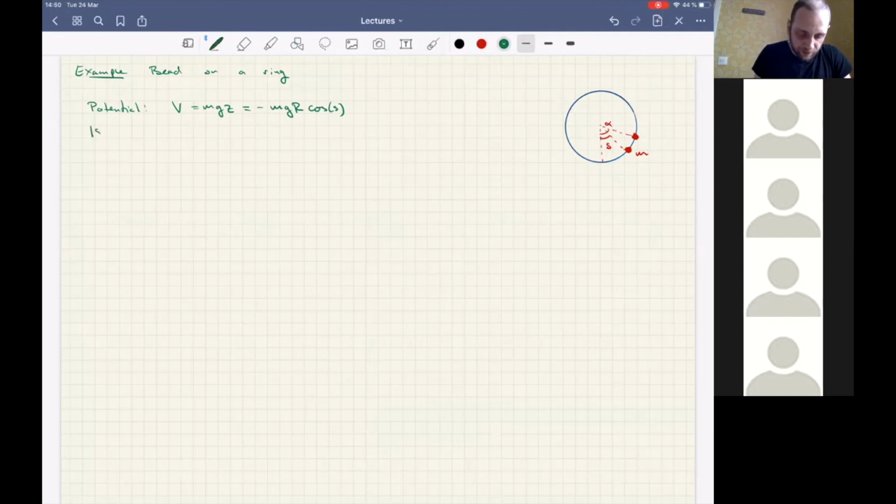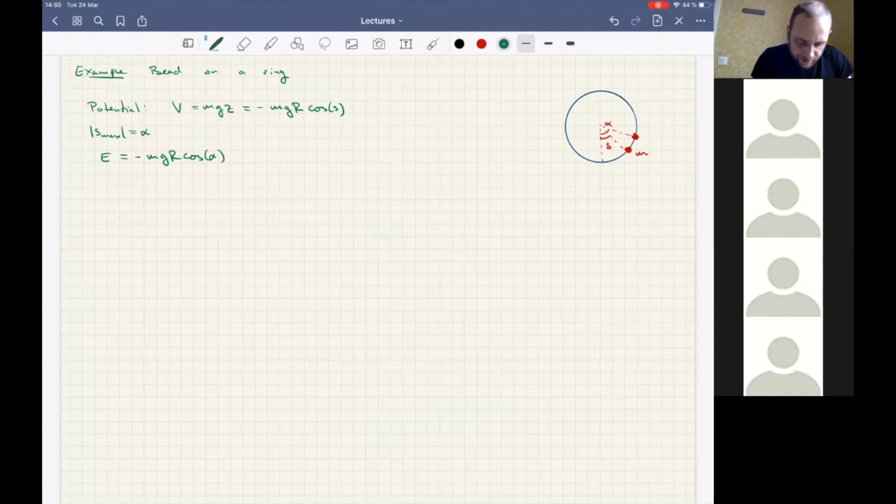So we have s max equals alpha, and the energy, because at the beginning we have zero kinetic energy, is equal to minus mgr cosine alpha. When I release it from this amplitude, its energy is just the potential energy, and the energy is conserved.